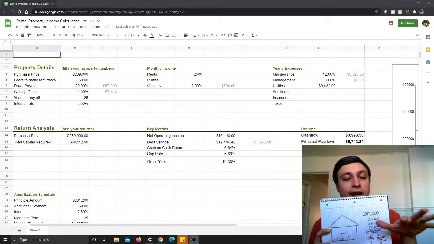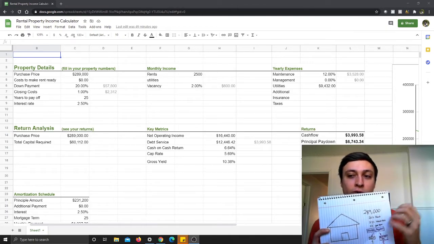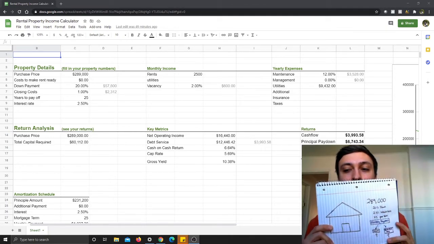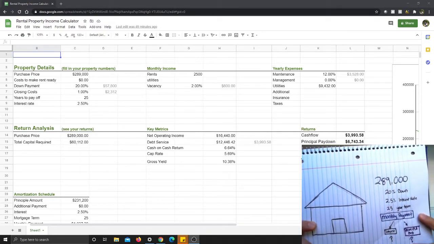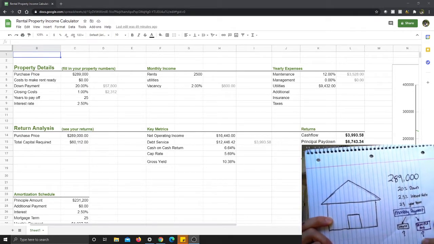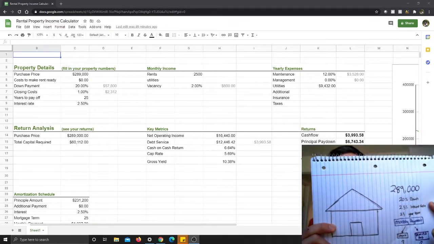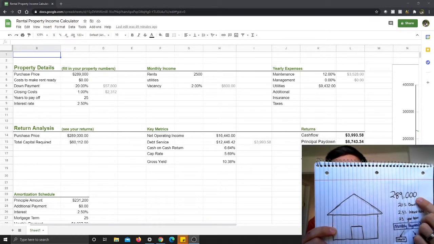Now, one thing that I struggled trying to figure out was how much of that monthly payment is going to be interest and how much of it is actually going to go towards the principal pay down.